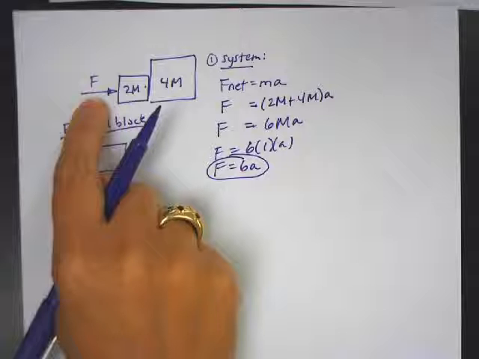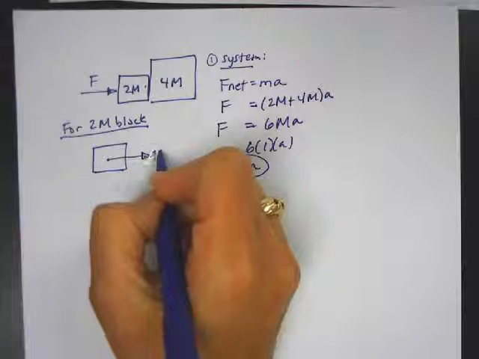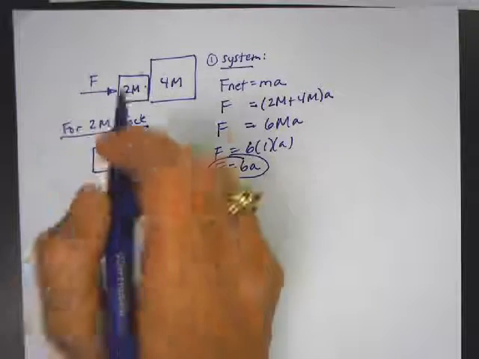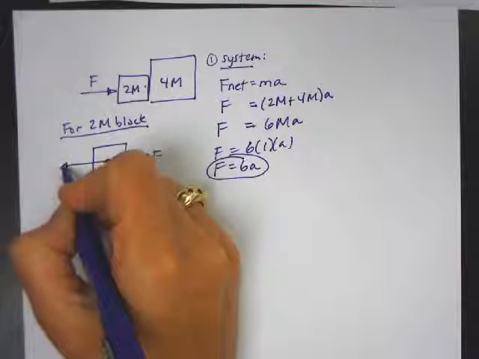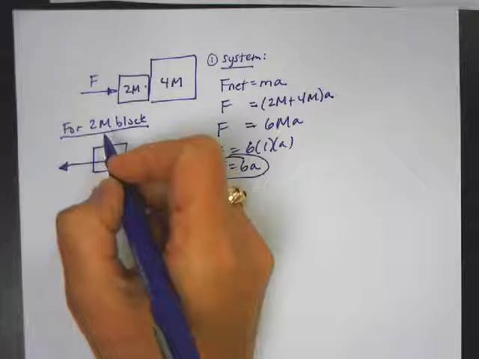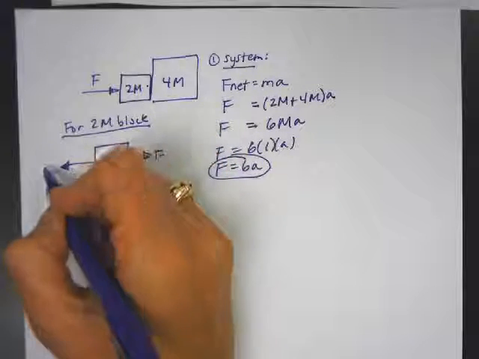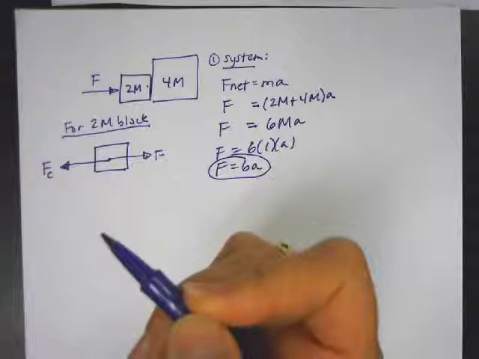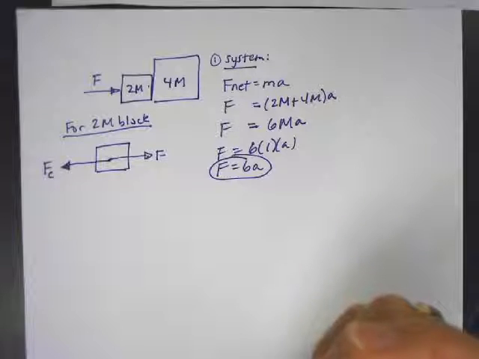Now remember, forces act out of the center of mass. So I'm going to make this force go this way, even though it looks this way, it has to come out of the center of mass. And then the contact force between the two, I'm going to make it go this way. I'll call it FC for contact, because remember, these contact forces are going to be equal and opposite.